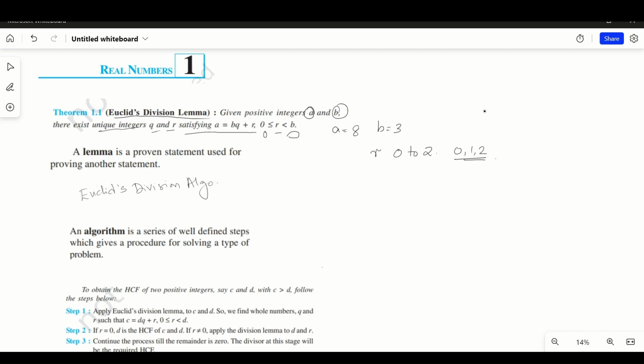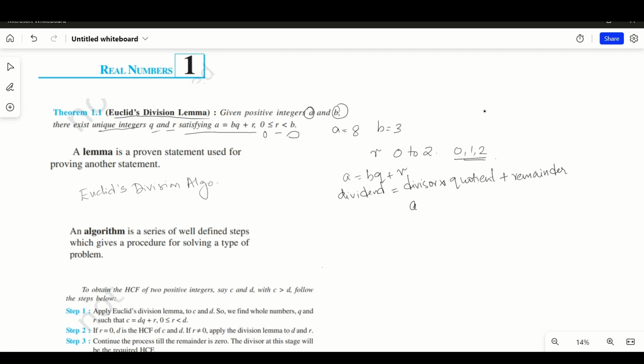So the theorem states that given two positive integers a and b, there exist unique integers q and r satisfying the following equation. Here the equation a is equal to bq plus r is similar to dividend is equal to divisor into quotient plus remainder.